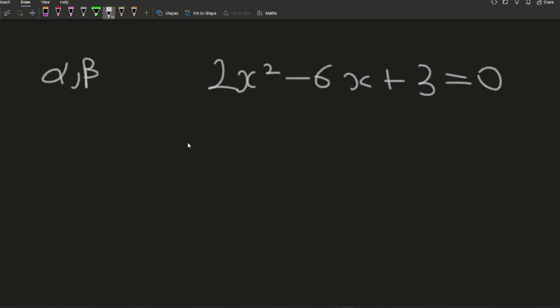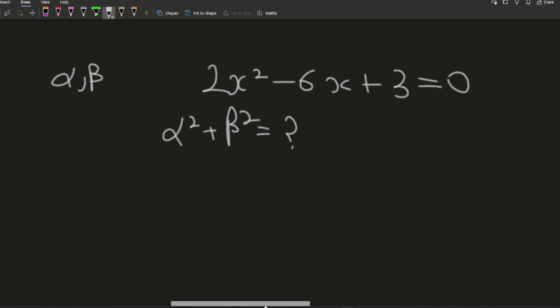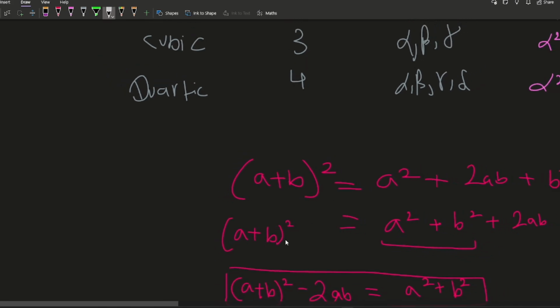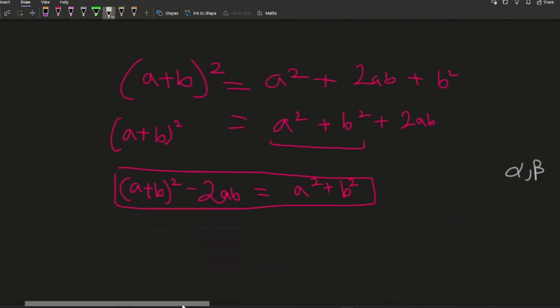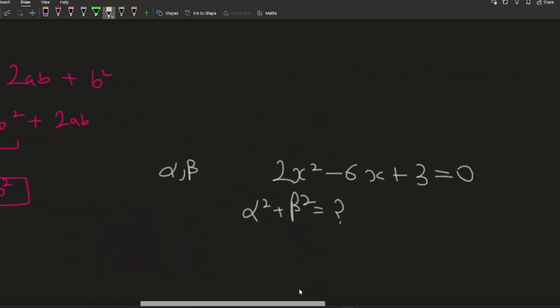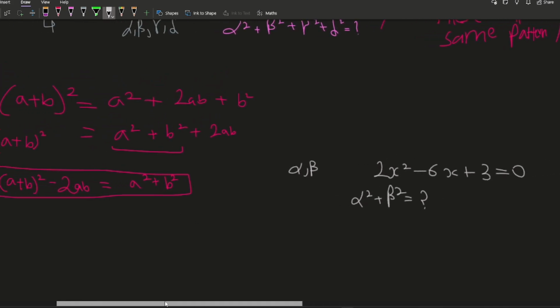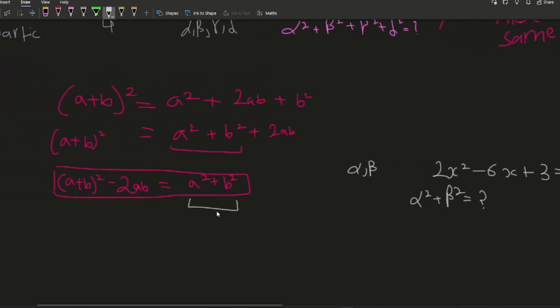We now need to find the sum of square of roots, which is alpha square plus beta square, which is equal to question mark. We need to find the question mark. Question mark is basically the value for alpha square plus beta square. So using the same logic that we used here, we can actually find the value of alpha square plus beta square. Like using the same method, we will make alpha square plus beta square the subject.